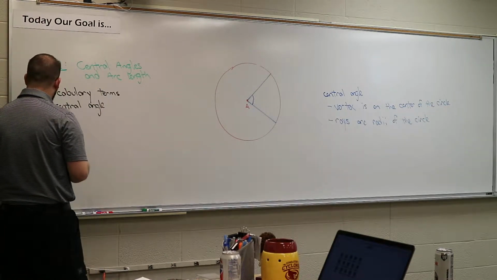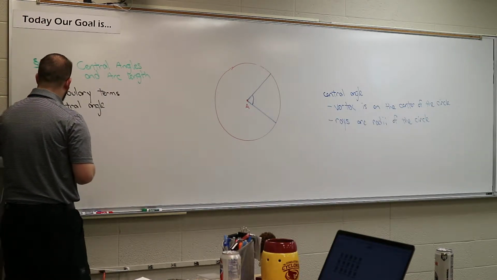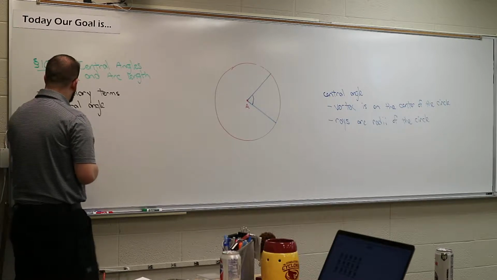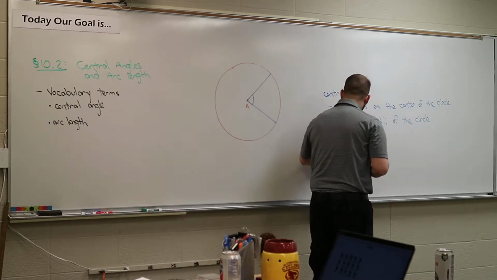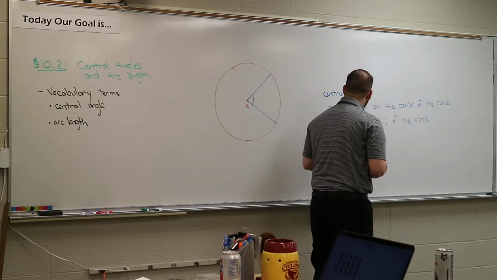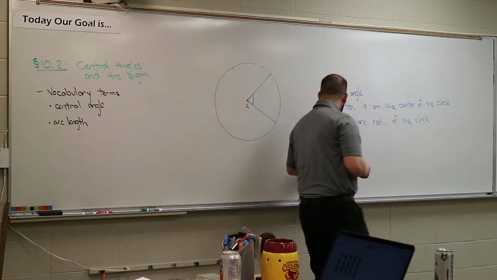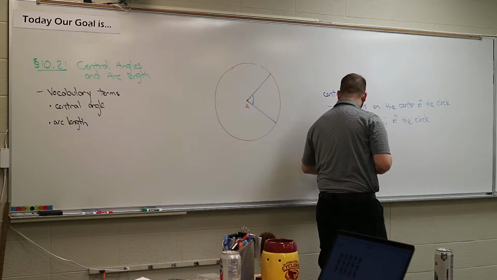Arc length is the actual distance on a curved path. So let's go through that word. Arc length is the actual distance traveled on a circular path.